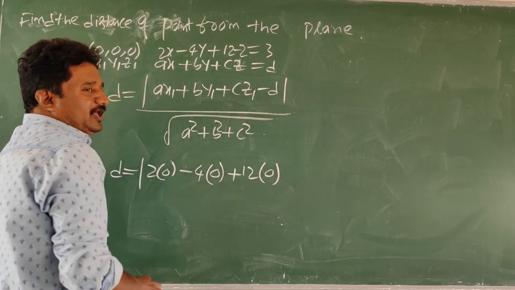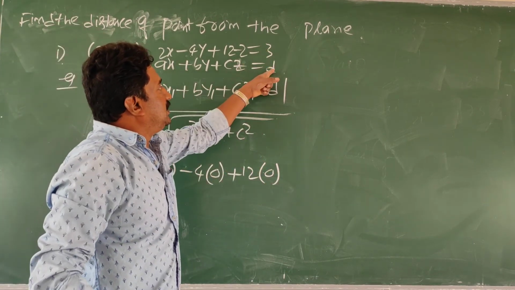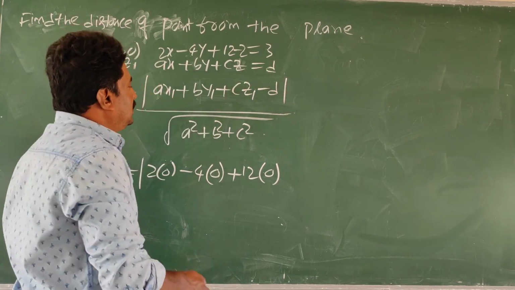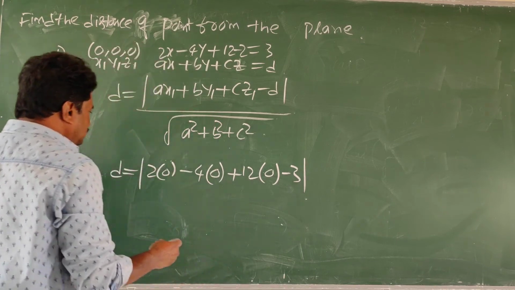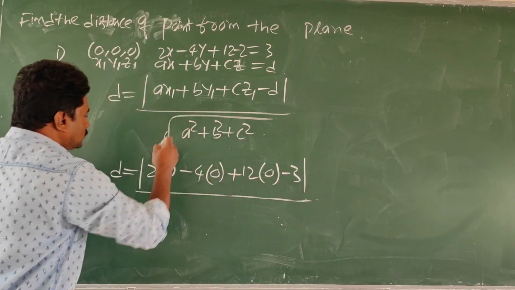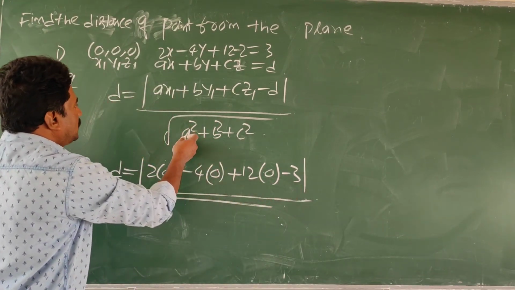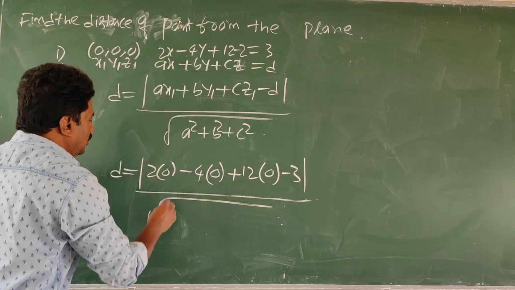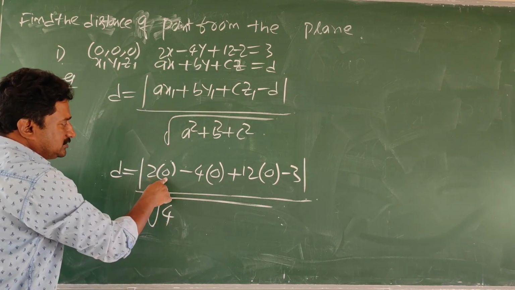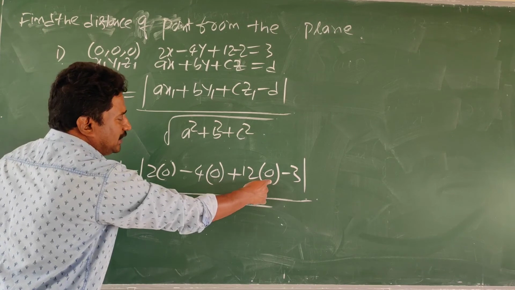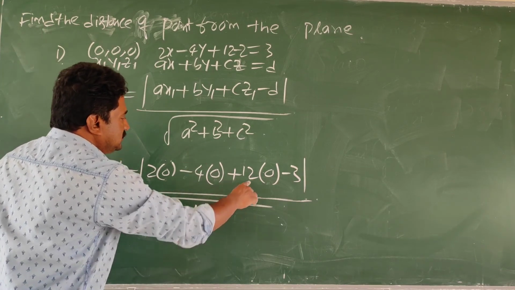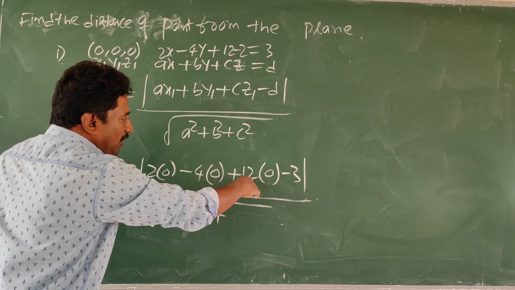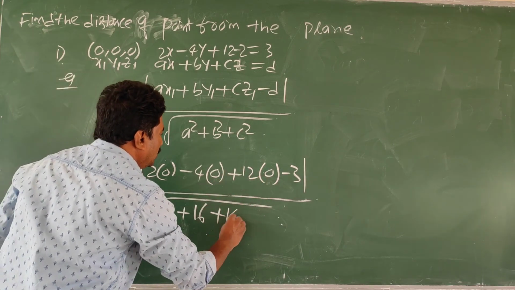So tell me D value, students. D is mod of 0 minus 3, by root of a square, a is 2 square 4, b is minus 4 whole square 16, c is 12 square 144.